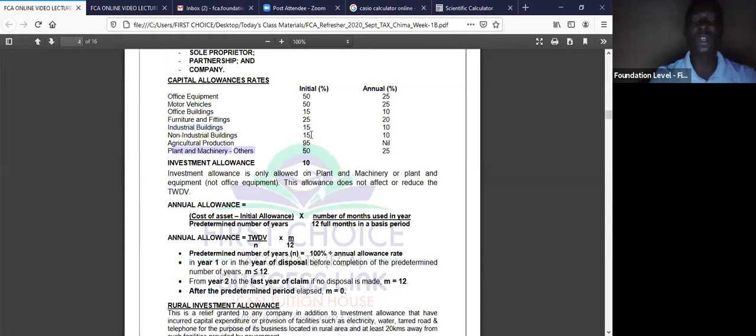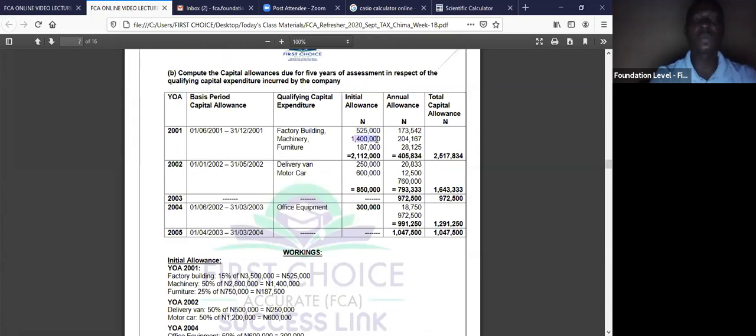So I've just showed you where I'm getting those figures. I will not be coming back and forth here. So plant and machinery is 50%. The cost is 2.8 million. So we look for 50% of it, which is 1.4 million. That is what we kept here, 1.4 million.